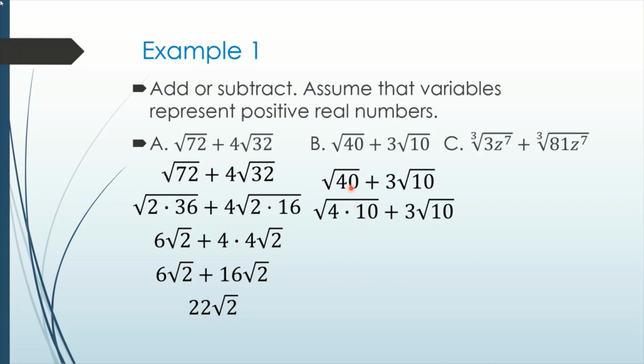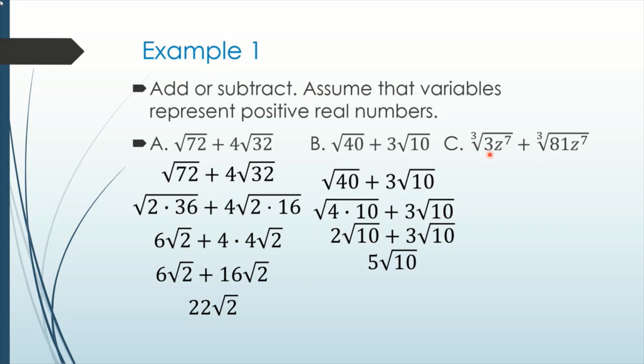So if I didn't know the largest square, I would see how many times 10 goes into 40. More than likely, it's going to be a square. Sometimes it won't, but most of the time it will. So square root of 4 is 2, and leave square root of 10 underneath the radical. Then 2 square root of 10 plus 3 square root of 10. Square root of 10 is the like term, so you add the numbers in front. 2 plus 3 is 5, so it'd be 5 square root of 10.